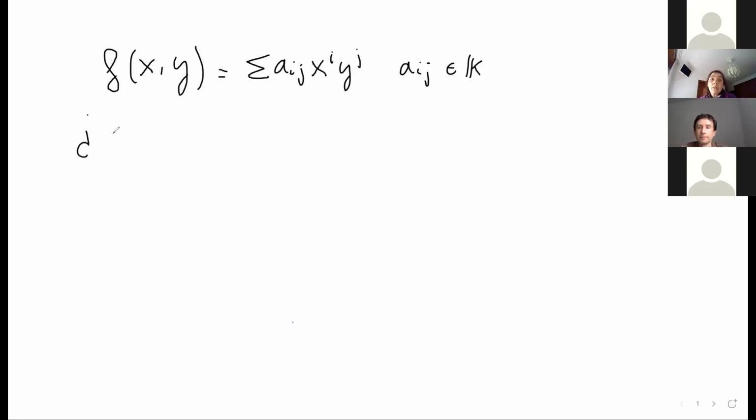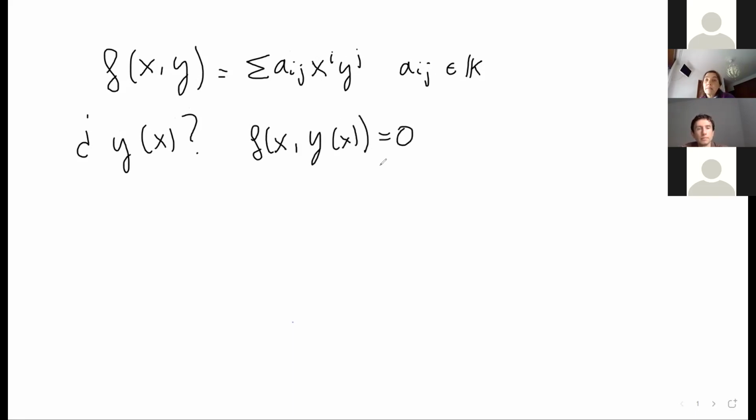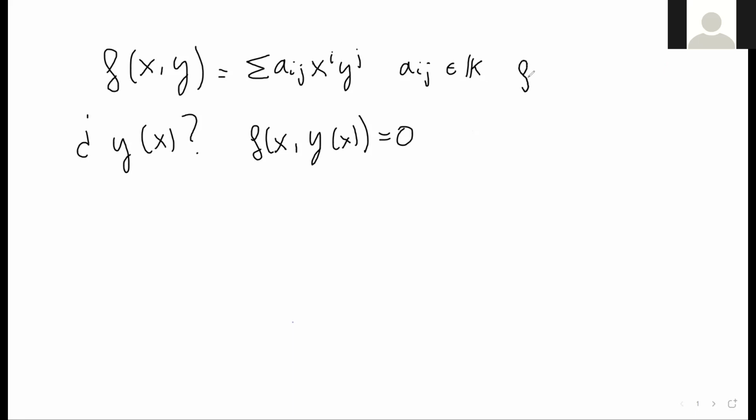And we are looking for solutions as power series y(x) such that f(x, y(x)) equals 0. We usually look for solutions around 0, so we ask f(0,0) to be equal to 0, and also that the solution satisfies y(0) equals 0.